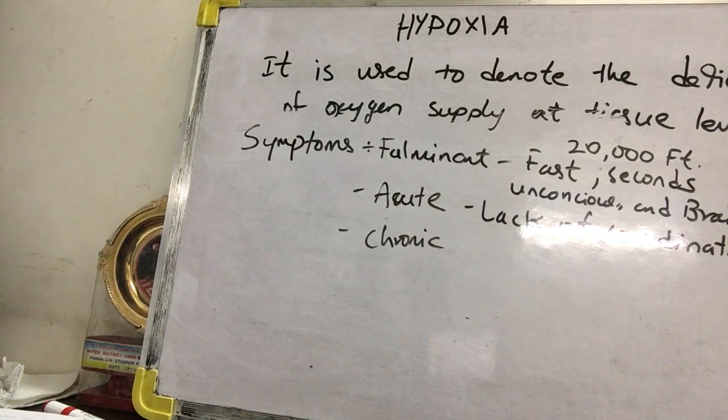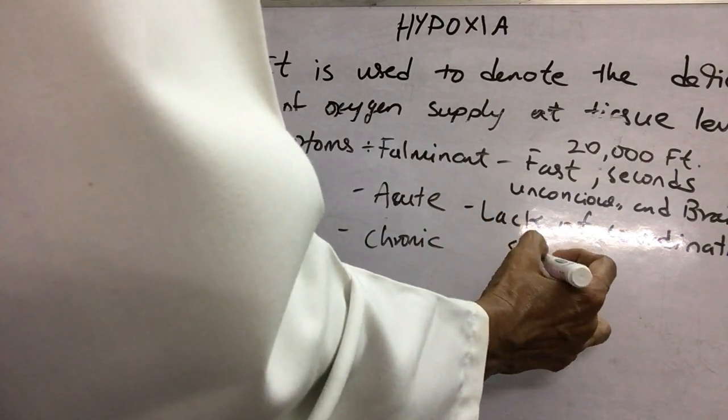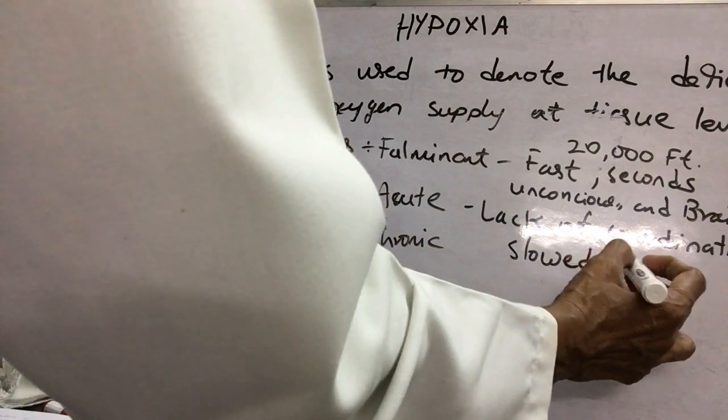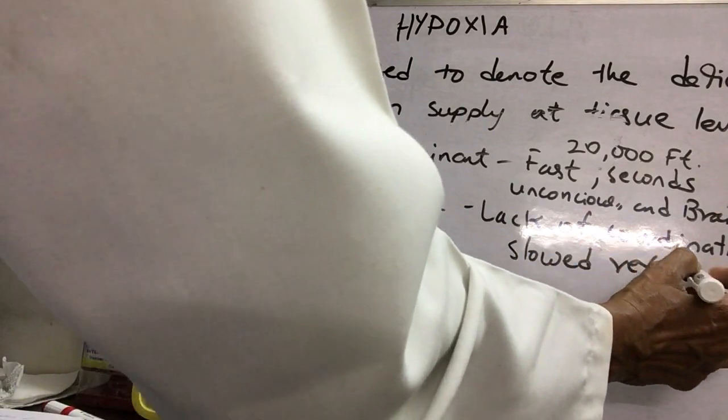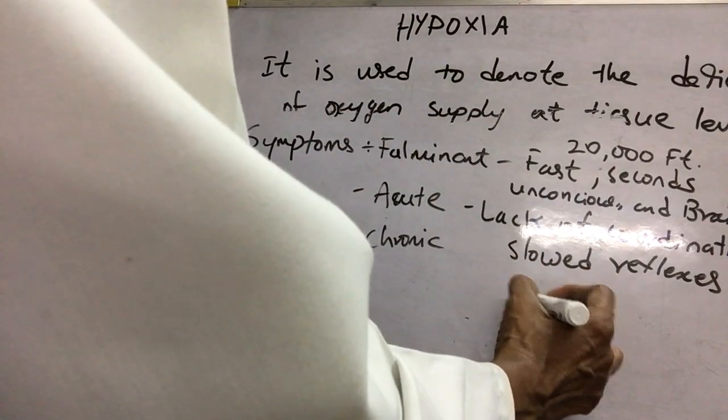to treat. Whereas in fulminant, the symptoms occur very fast, the patient will fall unconscious and brain death will occur within seconds. Whereas in acute, there is lack of coordination, slowed reflexes, slurring of speech.